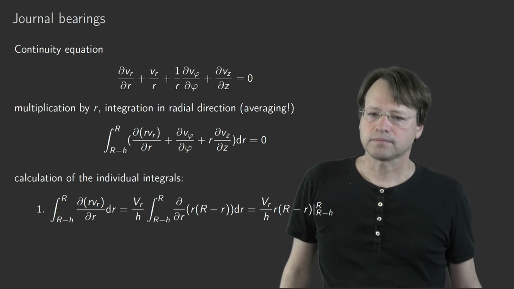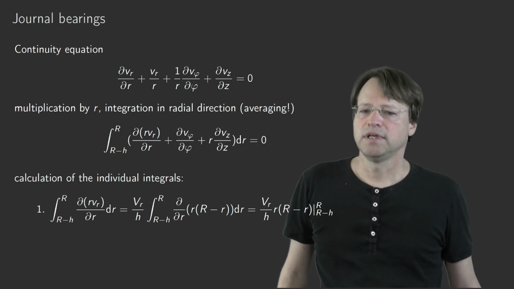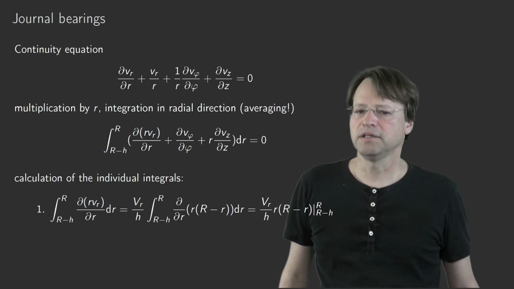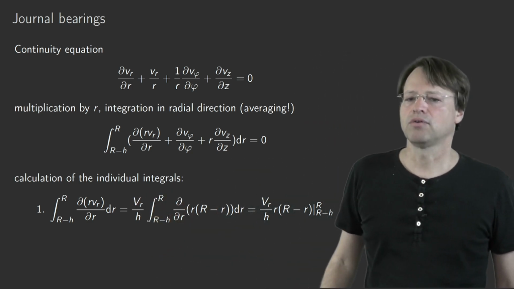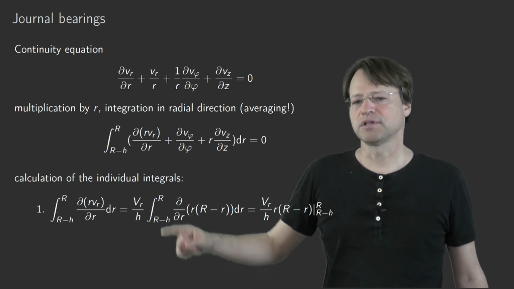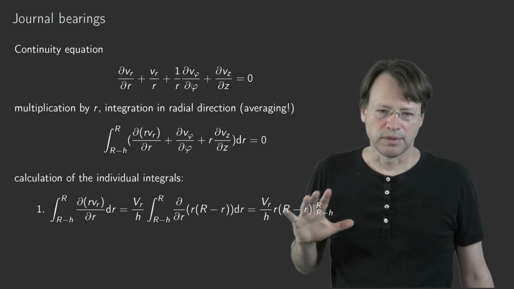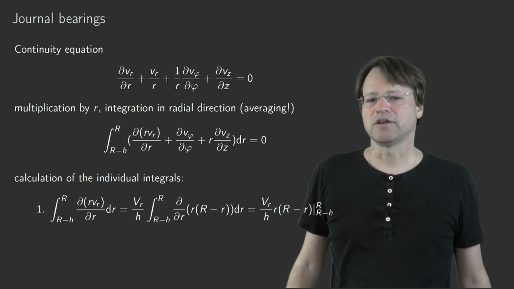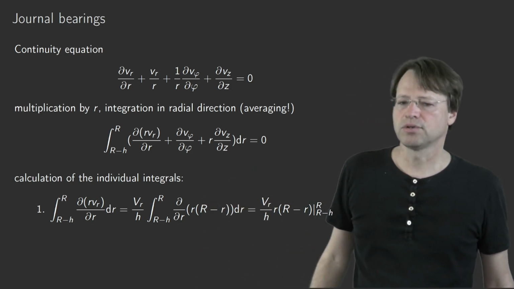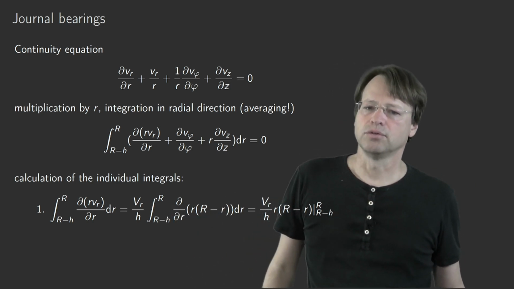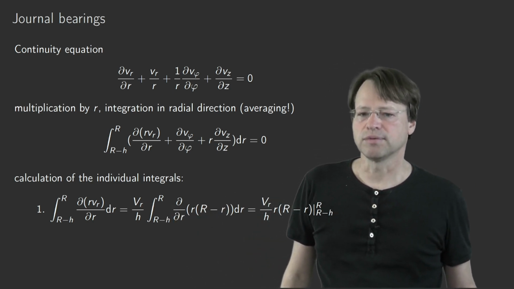For v sub r, we insert the result that we obtained at the end of the last video, just without the integration constant and with the general solution of the simplified Navier-Stokes equation.